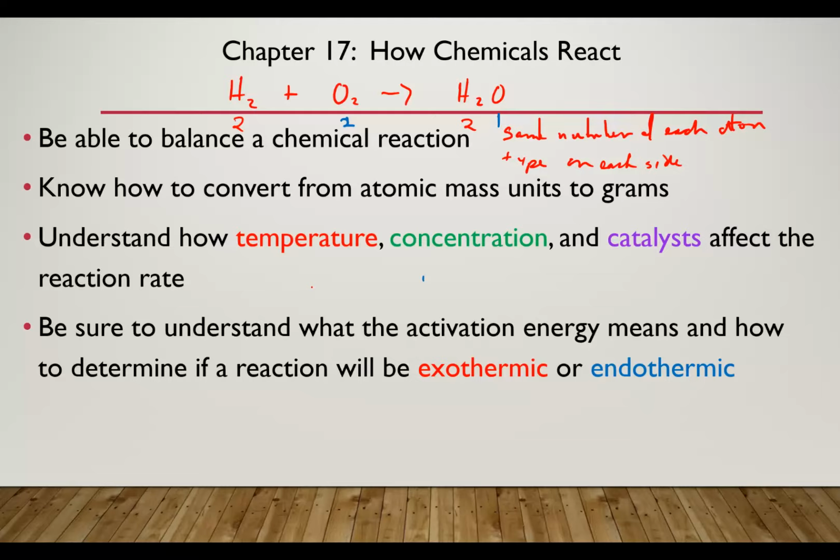So to make that match, I'm going to have to make it 2 H2Os, which makes this a 2 and makes that a 4. Now the O2s match, but the H's don't. But if I make 2 of this, then I have 4, and now it's balanced. So you need to be able to do that.